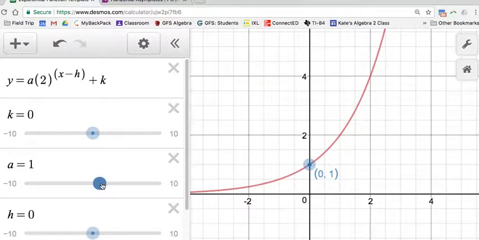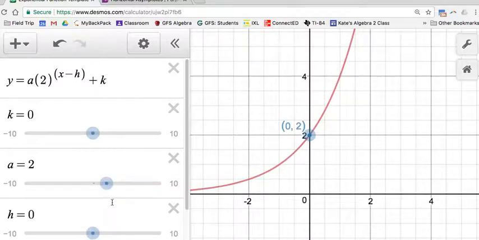And then let's take a look at what this a value does. So notice here I'm back to y equals 2 to the x power, right? So my asymptote is at 0. My starting value is at (0, 1), because 2 raised to the 0th power is 1. So let's change a to 2. What do you notice now about that value on the y-intercept?